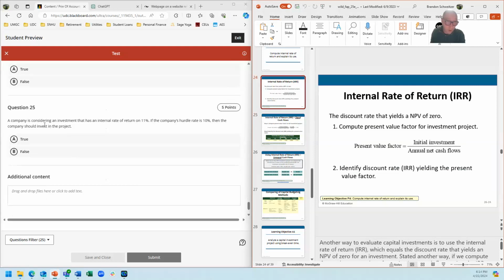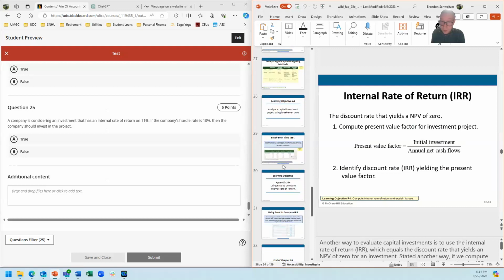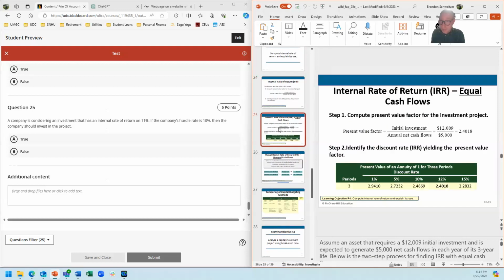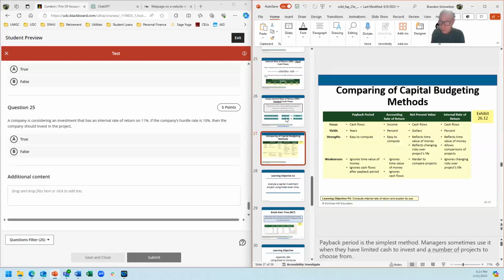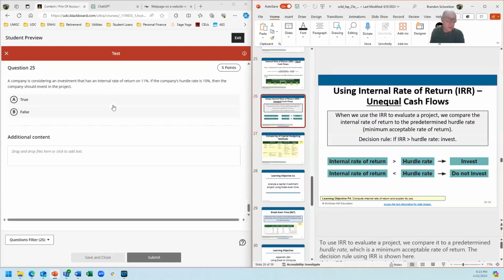And then question 25, internal rate of return and hurdle rate, deciding whether to accept or reject the project. And I think we looked at that. And that's question 25.